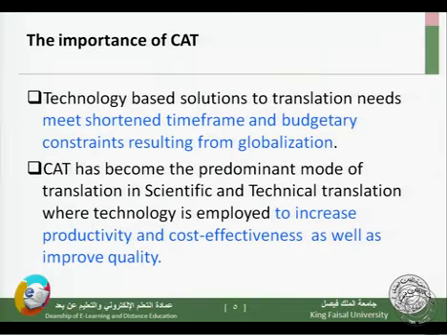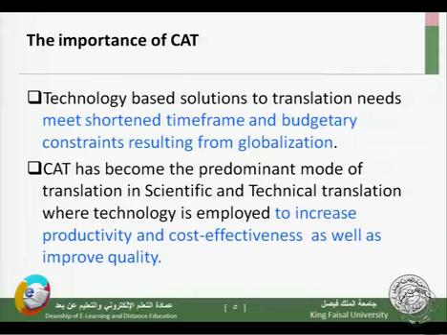Now, what is the importance of CAT? We refer to technology because technology seems to help us solve some of the translation problems.